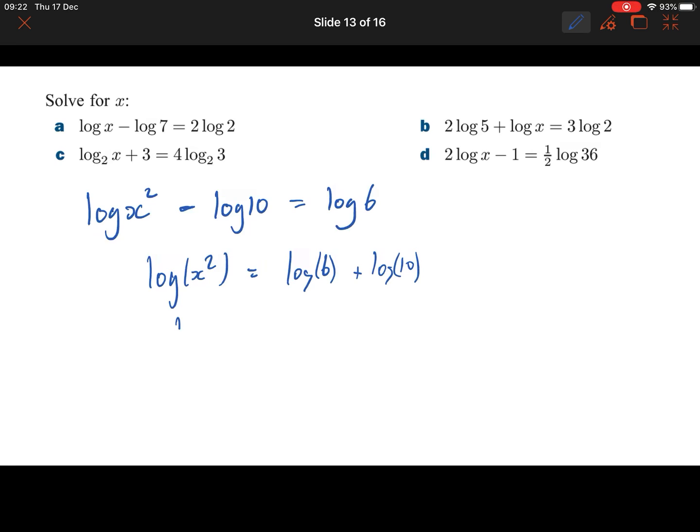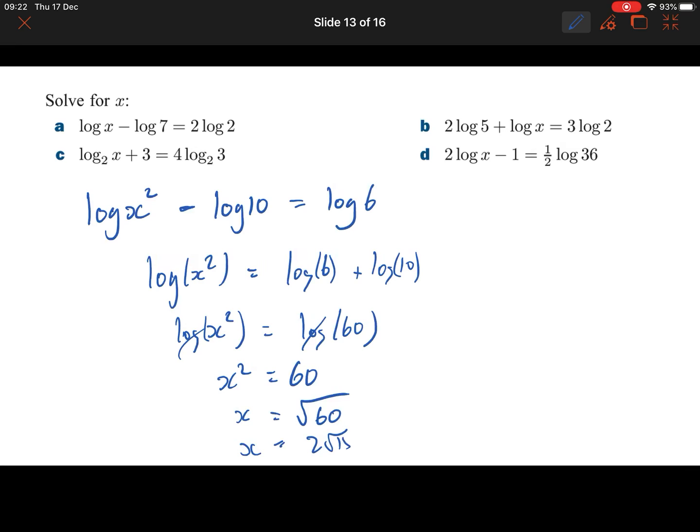So what do we get? We get log of x squared equals log 6 plus log 10. Log of x squared equals log 60. Cancel off the logs. X squared equals 60.